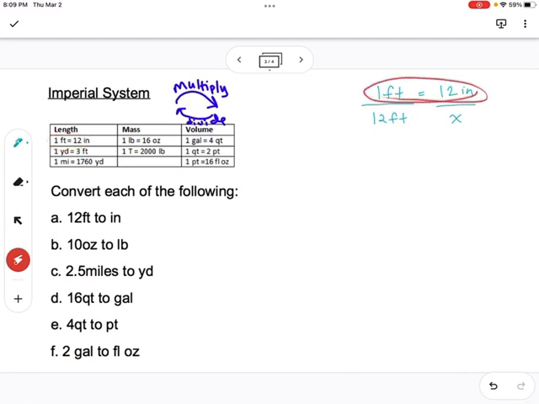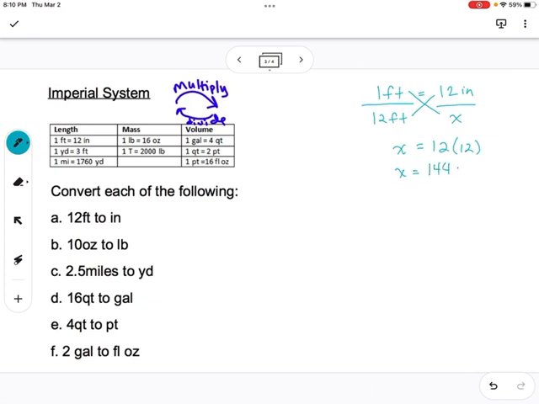Make sure those are both on the top. And then the one you're given, the 12 feet, is going to match up with what you need to find, your x. In order to solve this, we would cross multiply. So going across the equal sign, we're going to do 1 times x, gives us x, and 12 times 12. So this gives us 144 inches.